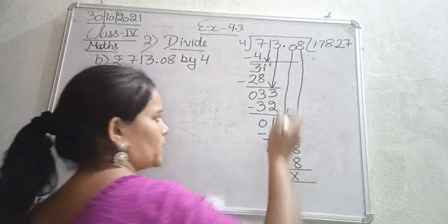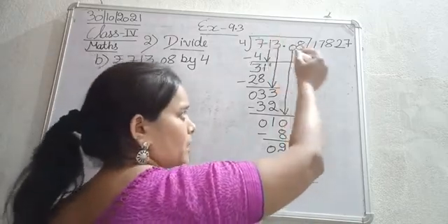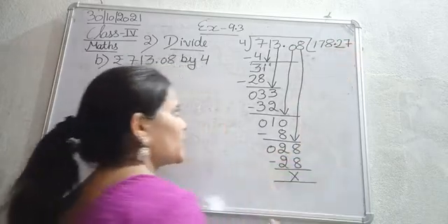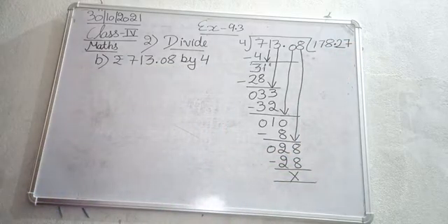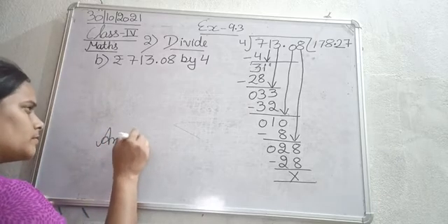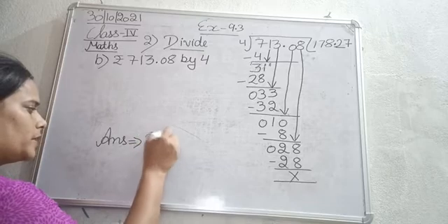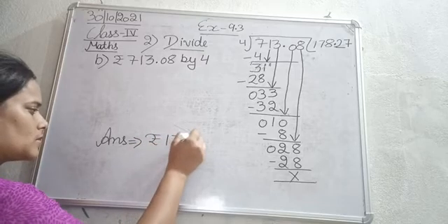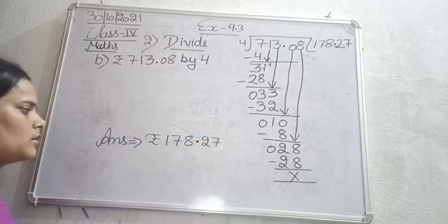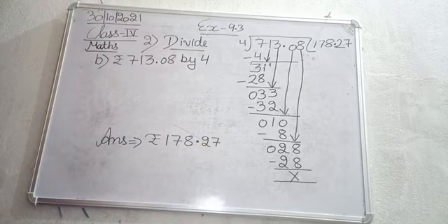Now we need to put the point here. So in the same question again, leaving the last 2 digits, we will put the point here. So after dividing 713 rupees 8 paise by 4, we got the answer 178 rupees and 27 paise.